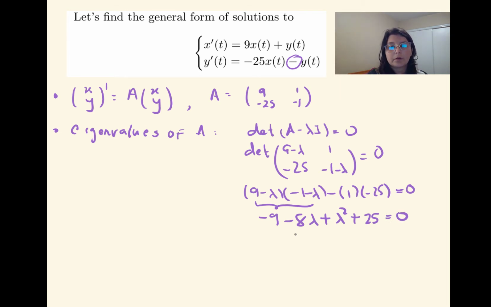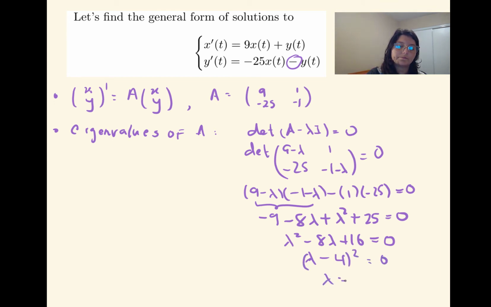So lambda squared minus 8 lambda plus 16, that's minus 9 plus 25, equals 0. And that's equivalent to lambda minus 4, all that squared equals 0. So lambda takes one value only, and that value is 4.